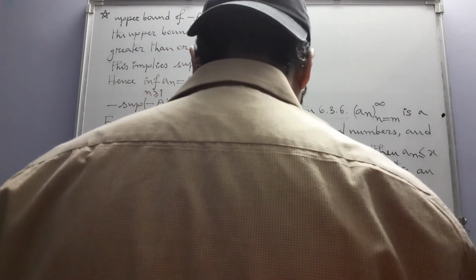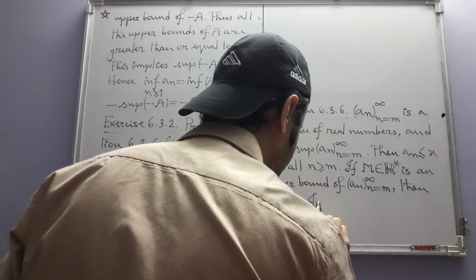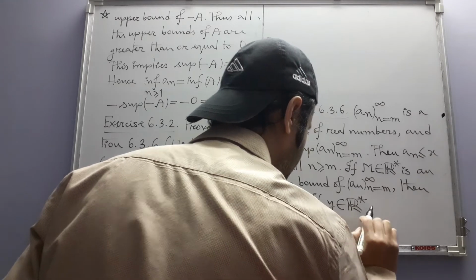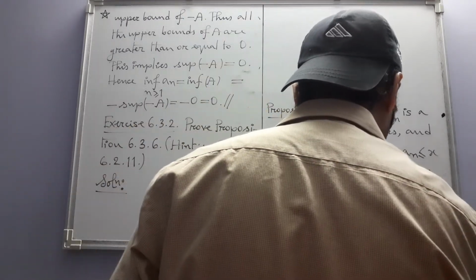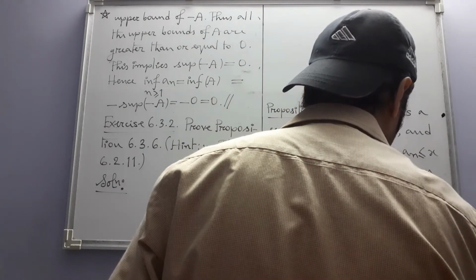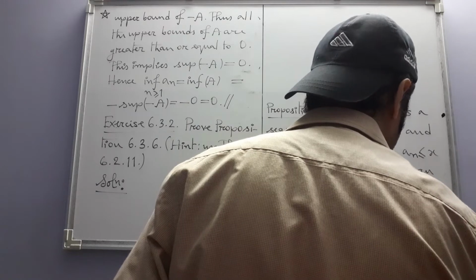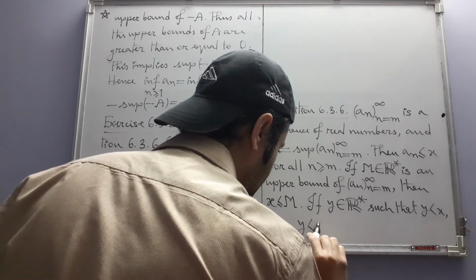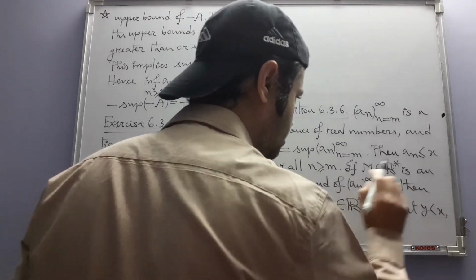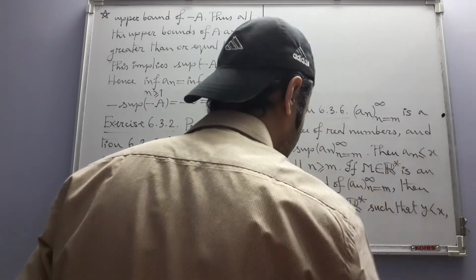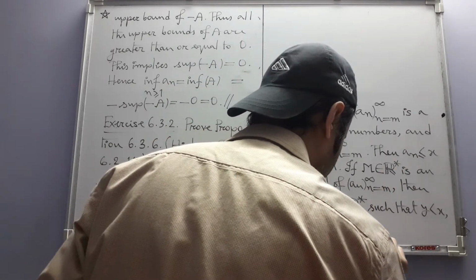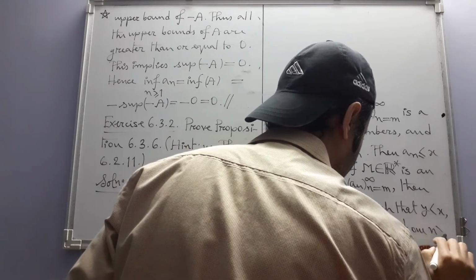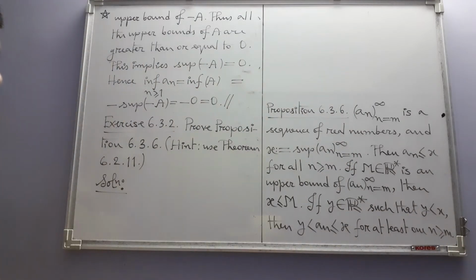And finally there is something else also. If y is an extended real number such that y is less than x, then y is less than an, and an of course is less than or equal to x, that we already have from here, for at least one n greater than or equal to m.